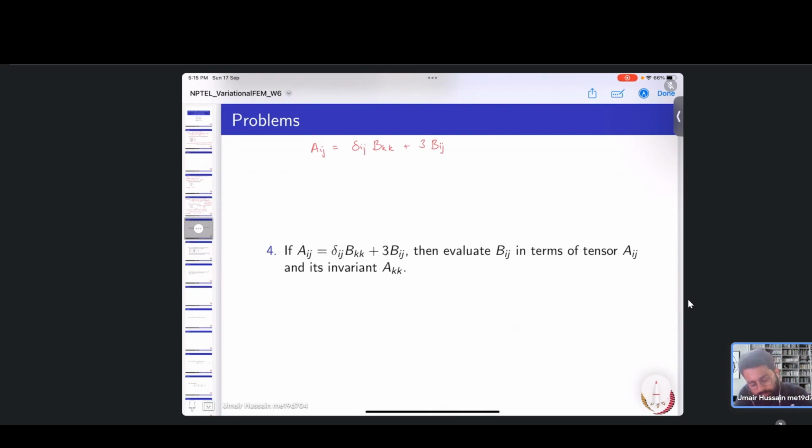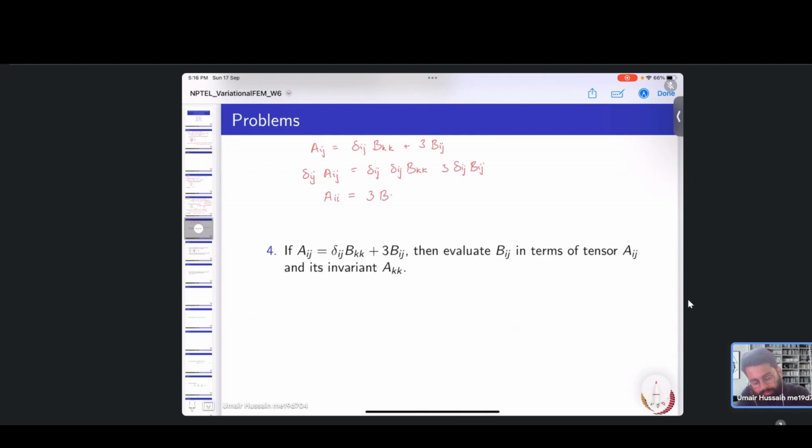So let's multiply the whole equation by the delta ij operator. This becomes aii, and this becomes 3 times bkk, since delta ij times delta ij, we have seen before, becomes 3.